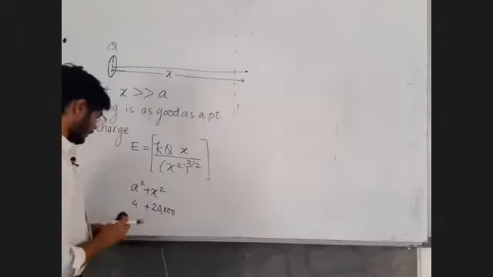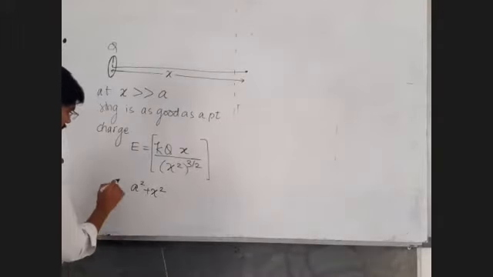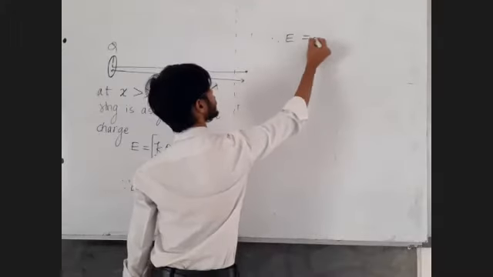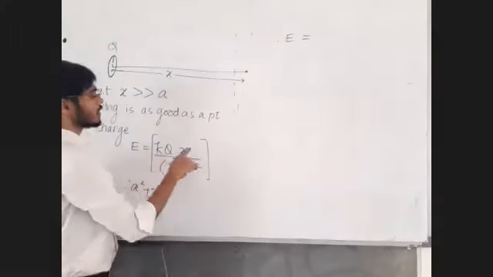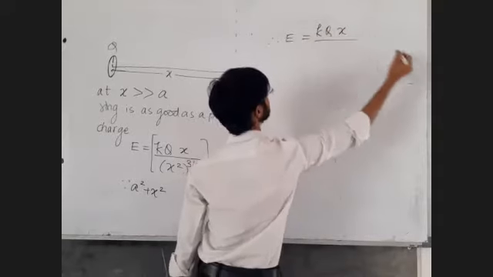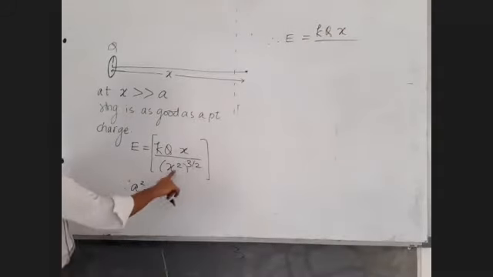So what is the formula now? Therefore, electric field is equal to this kqx as it is, divided by this x square raised to 3 by 2.